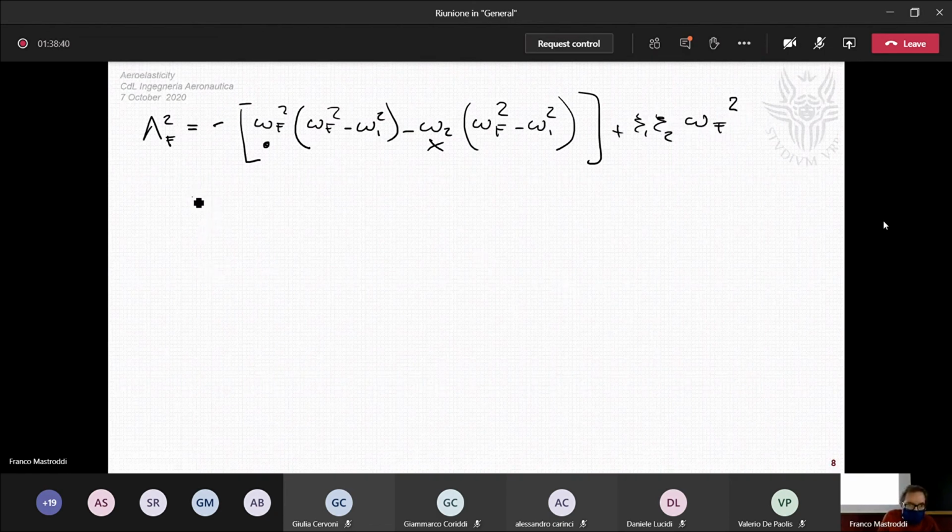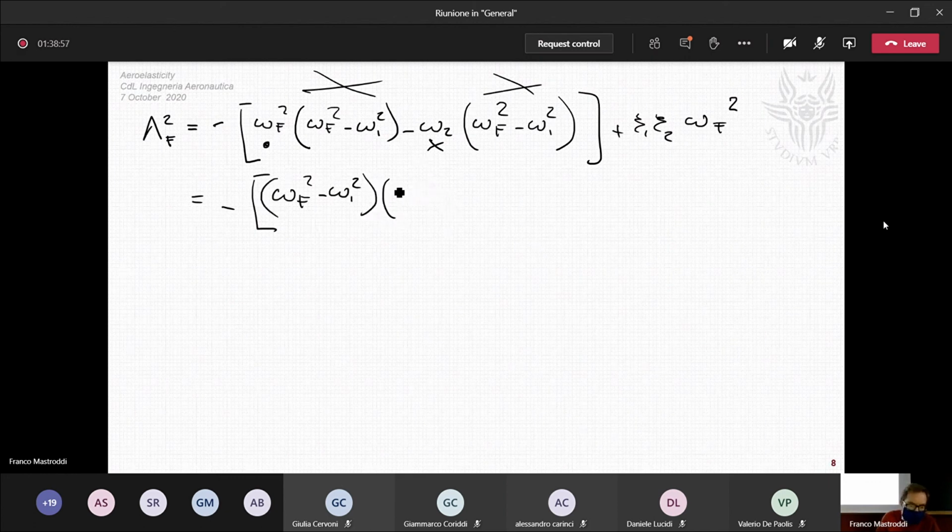So of course this is common with this, and so I can write minus omega flutter square minus omega 1 square by omega flutter square minus omega 2 square. Okay, plus zeta 1 zeta 2 omega flutter square.